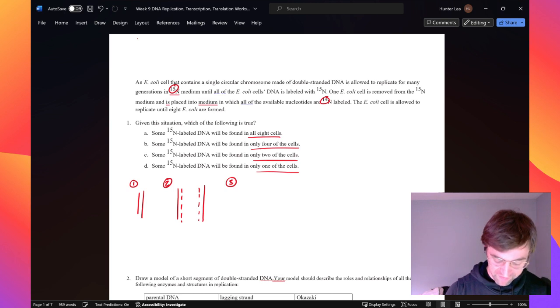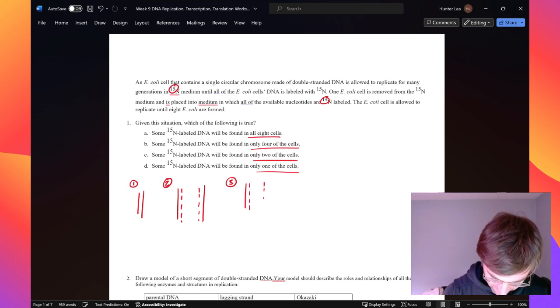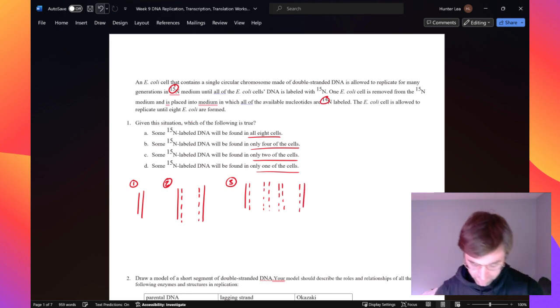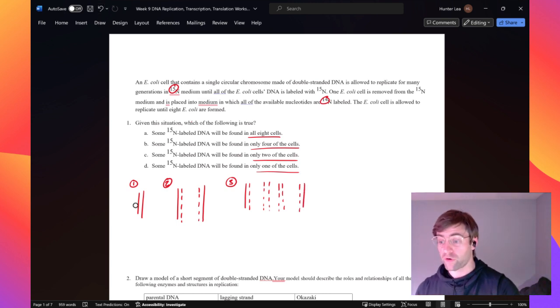Okay. If we get another replication, we split each of these down the middle again, and they replicate. I kind of want to do these in a different color to show the next generation. We don't really need to. So here we have 4 chromosomes.